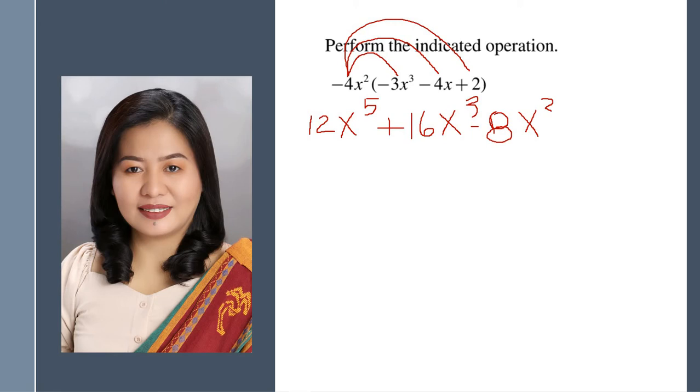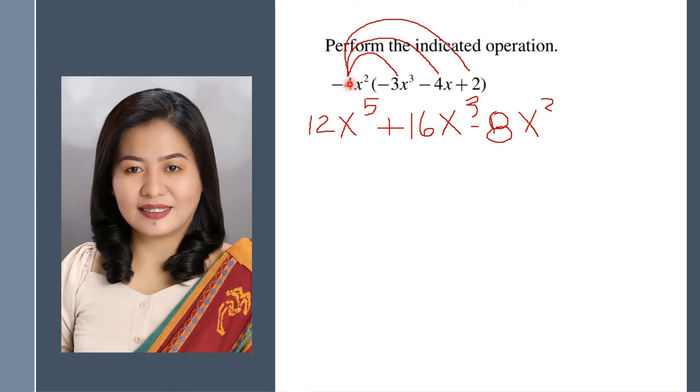Question: is it possible to combine x to the fifth, x cubed, and x squared? The answer is no. We can only combine terms with the same base and the same exponent, meaning we can add and subtract terms with the same base and the same exponents.